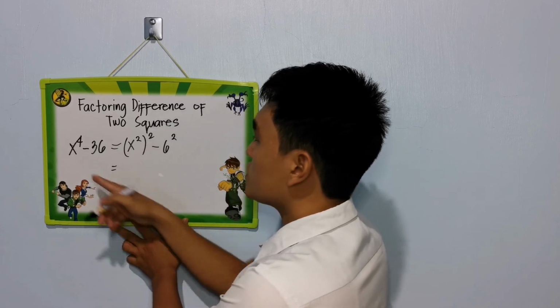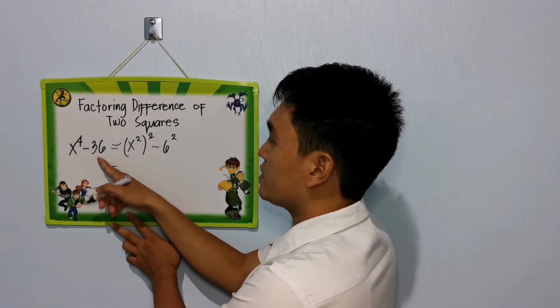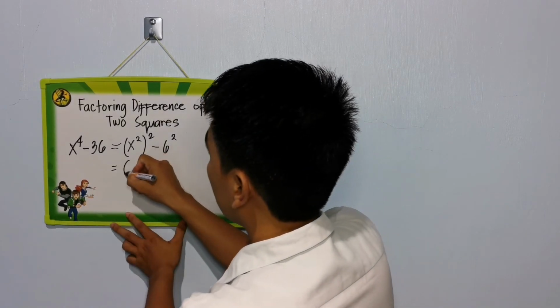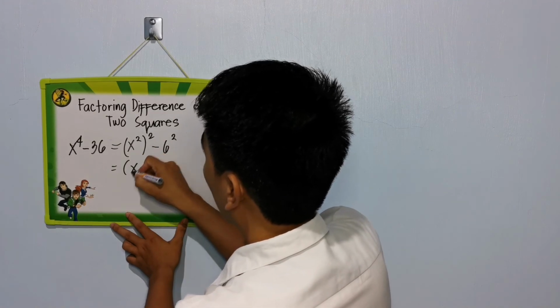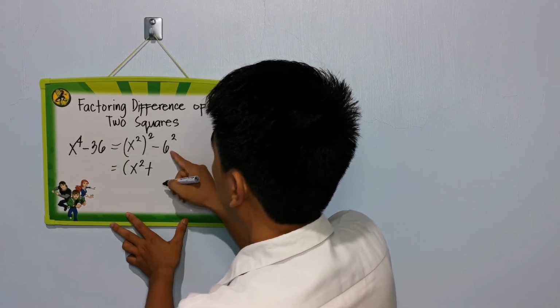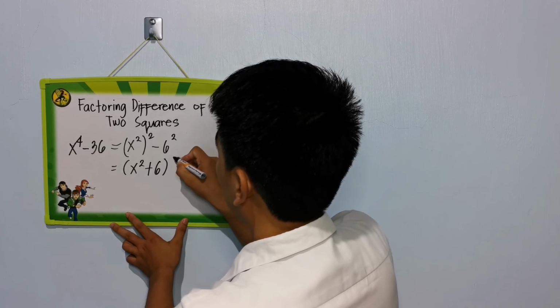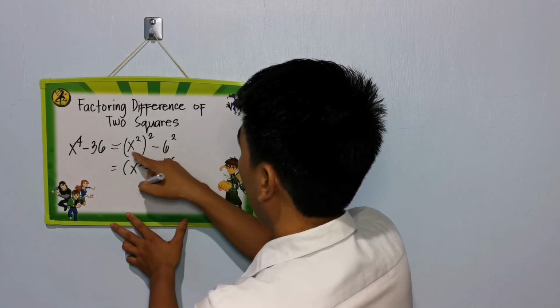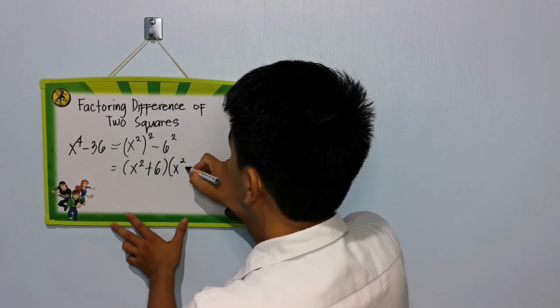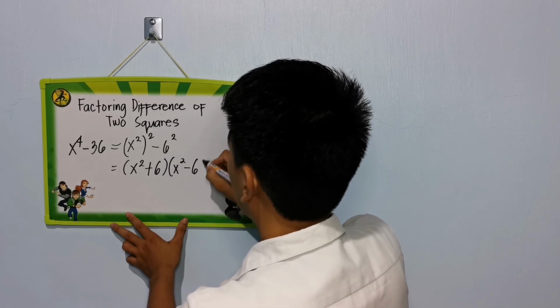So the factors of x to the fourth power minus 36 will be x squared plus 6, and the other one is x squared minus 6.